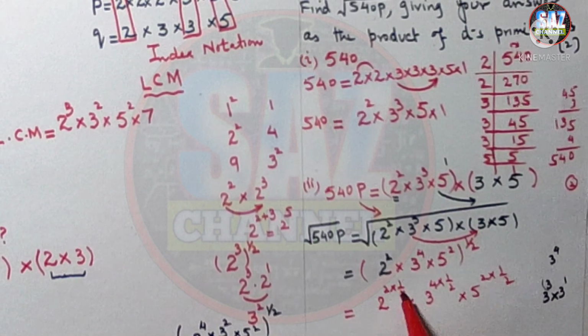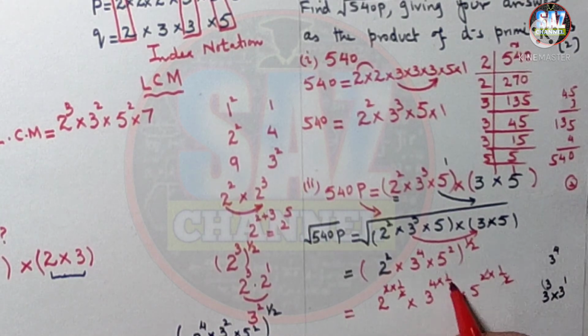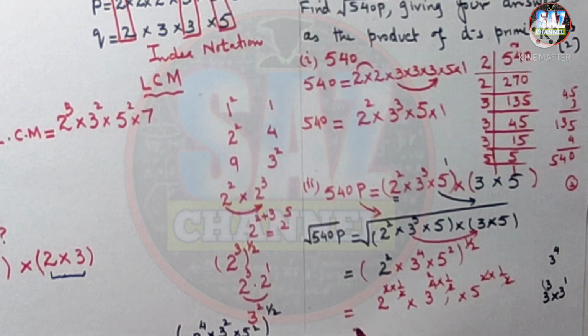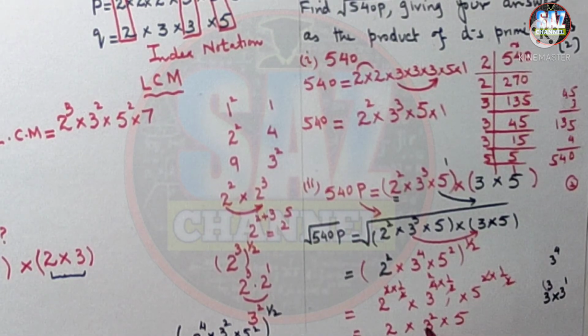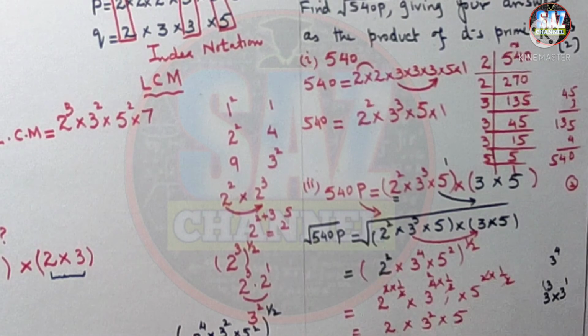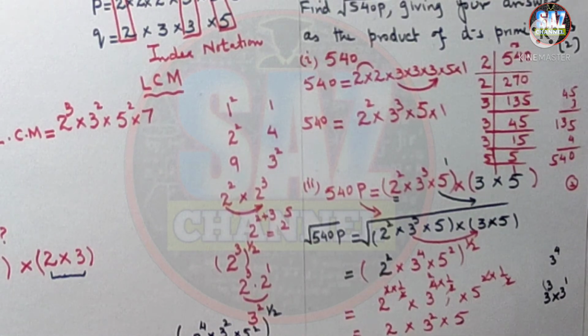The 2 goes with 2, so this becomes 2 multiplied by 3 square multiplied by 5, and this becomes 9, 5s are 45, 45 multiplied by 2 is 90. Okay, so this is the answer for this question.